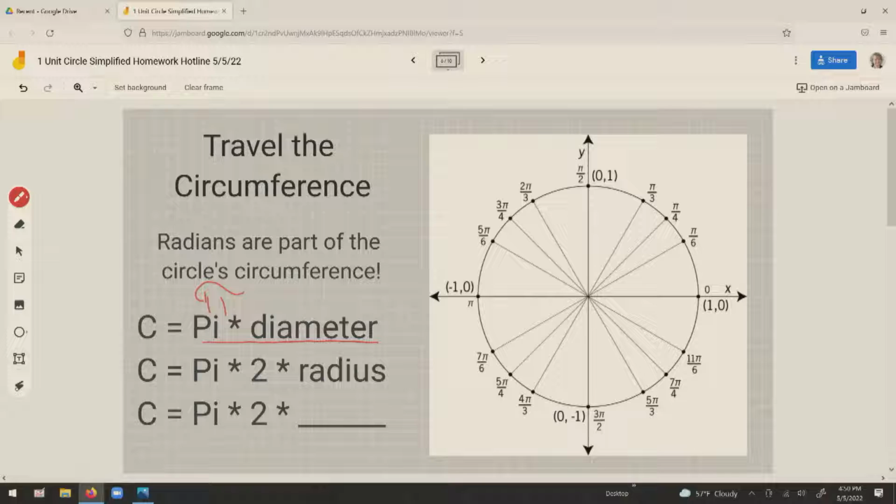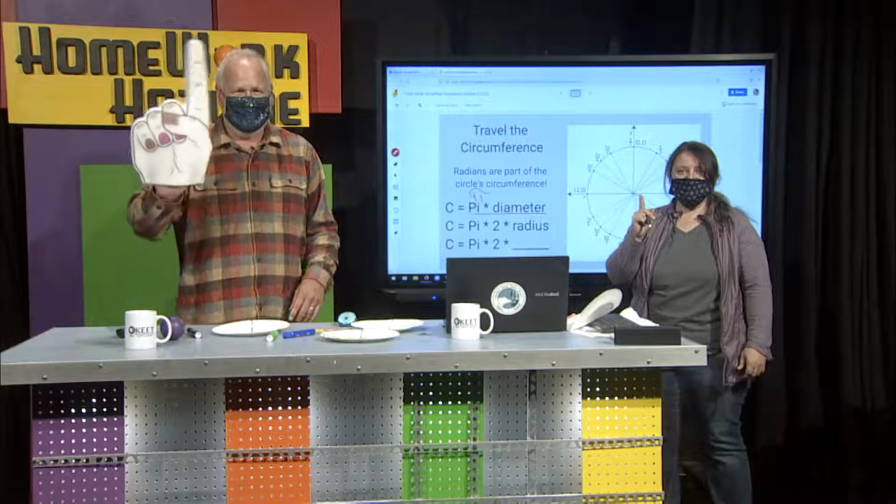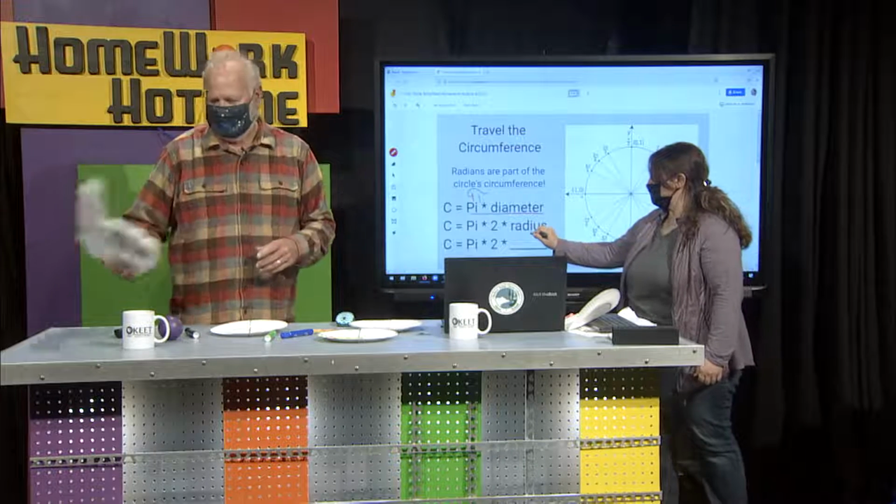If I want to use radius instead of diameter, every diameter is 2 times the radius. So on our unit circle, what was the length of the radius? It was 1. Yay! So it is the 1 unit circle.